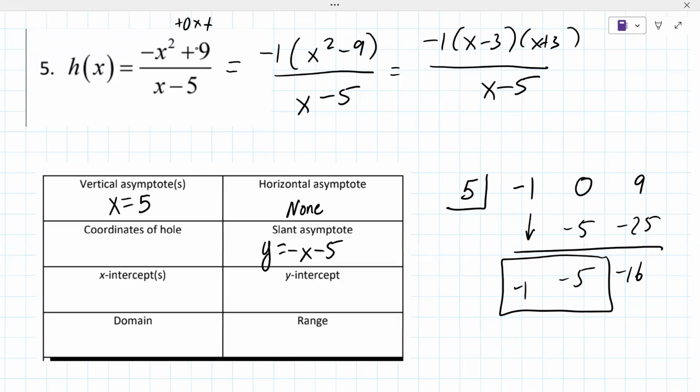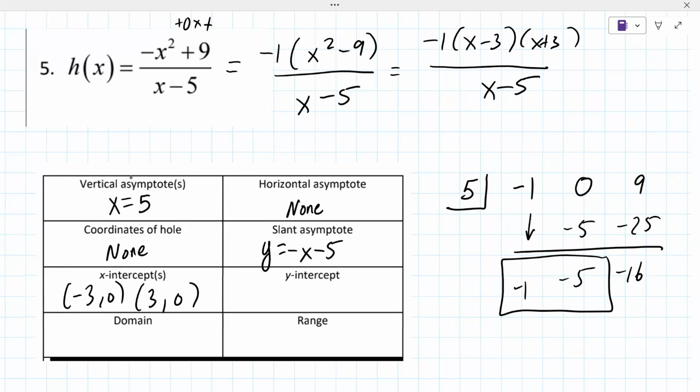All right. And then are there any holes? No, they're not equal. Yep. So x-intercepts, it can have more than one. In this case, it does. X-intercepts at -3, 0 and 3, 0.